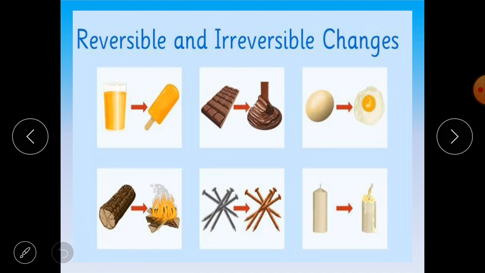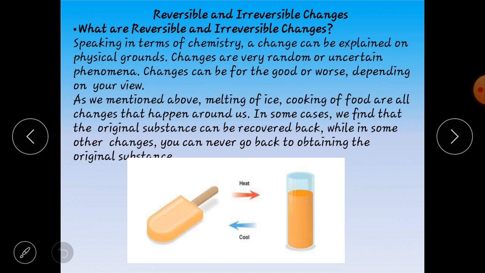Here on your screen are some pictures showing us reversible and irreversible changes. What are reversible and irreversible changes? Speaking in terms of chemistry, a change can be explained on physical grounds. Changes are random or uncertain phenomena.